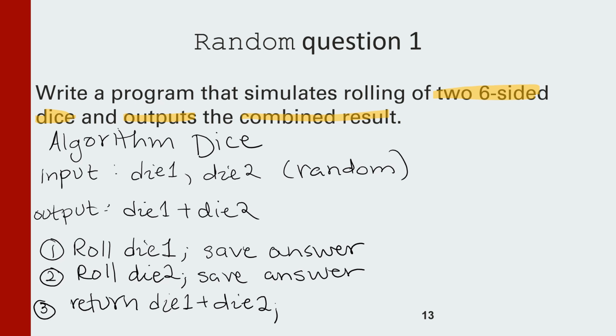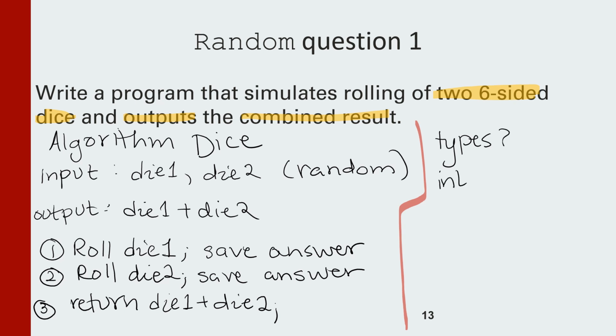It's not super important because this is pseudocode, but let's think about a little bit more what that syntax would look like. So probably I want these types of the die to be int.